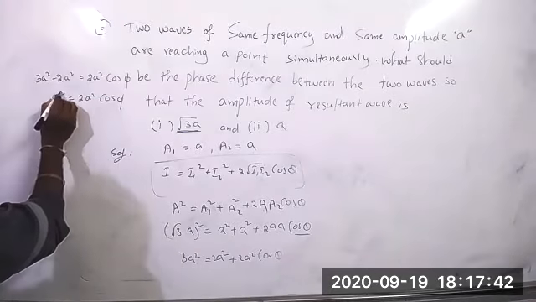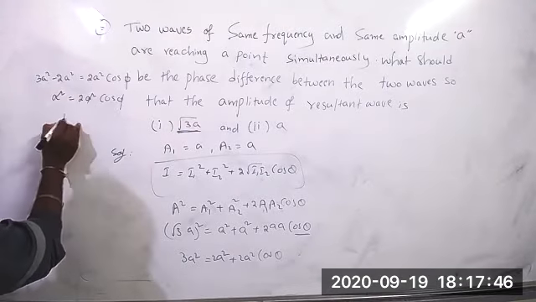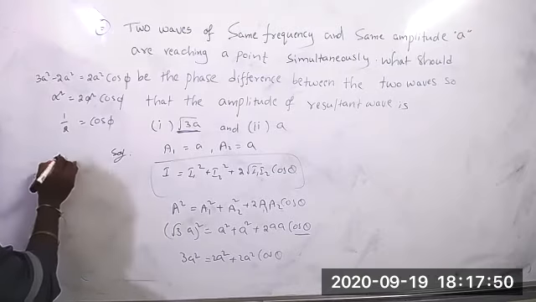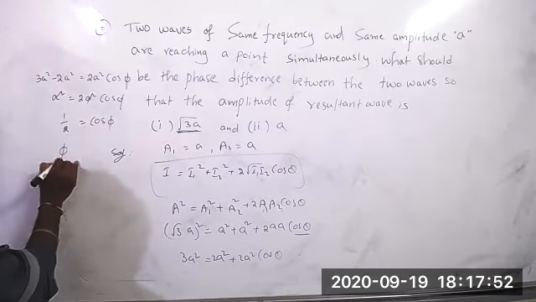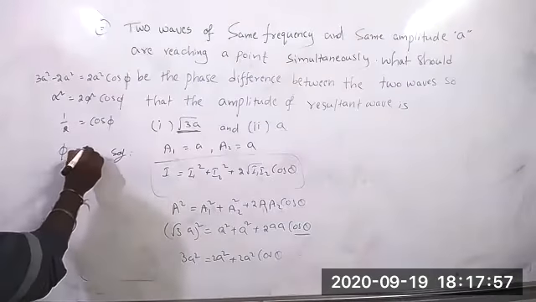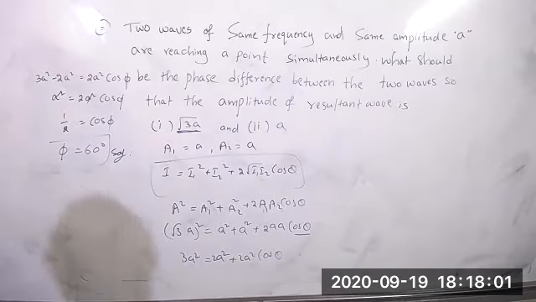So cancel, cos theta equals 1 by 2. When cos theta equals 1 by 2, theta equals how much? 60. So one is 60.